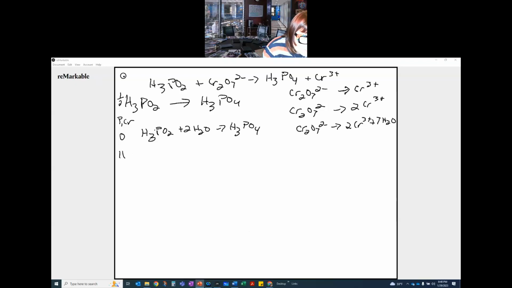Well, now I messed up the protons, so we're going to do H again. I have 3 hydrogens here, and 3 there. Oh, no, not 3. 3 and then 7 total, and then 3 on this side. So I need to add 4 over here: H3PO2 plus 2H2O gives me H3PO4, and so I need plus 4H plus.